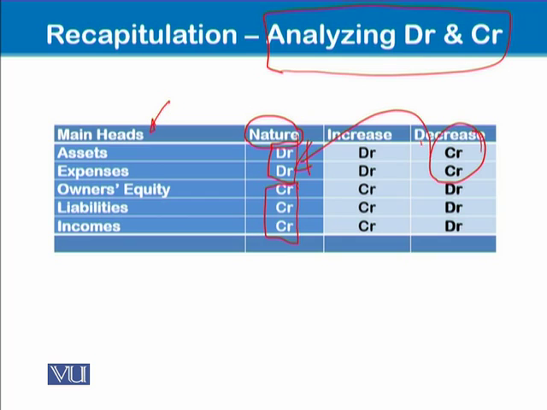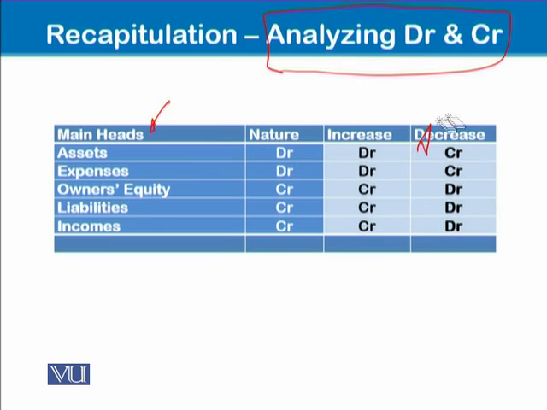Well, if there is a decrease in asset or expense, what you will observe now is that it will go opposite to the nature. And for income, liability, and owner's equity, if there is a decrease, it would be debited, exactly opposite to the nature.